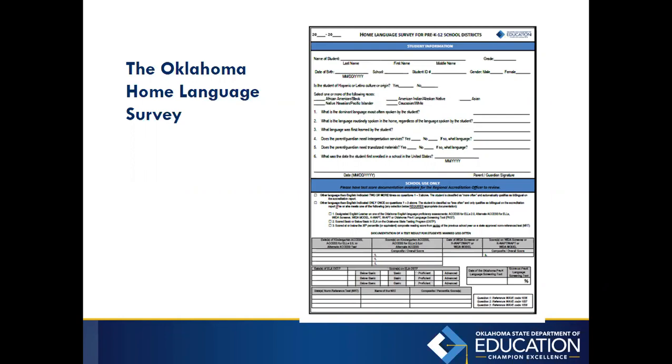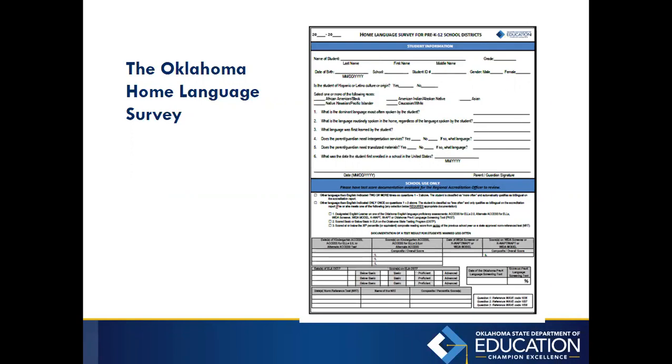And then the last question asks the date that the student was first enrolled in school in the United States. And that's, again, regards Title III funding, which is why that question is there. Anyway, so this is what the home language survey looks like.